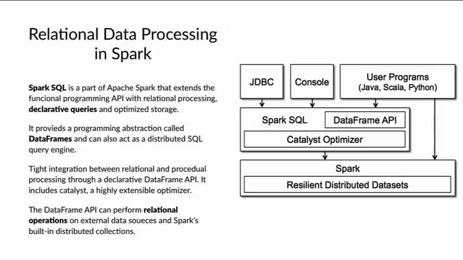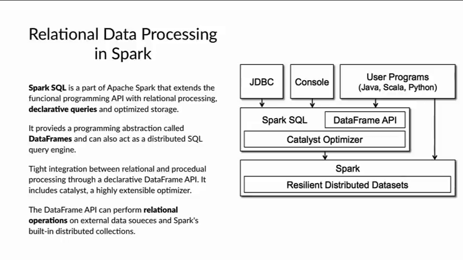There's a tight integration between relational and procedural processing through the declarative DataFrame API. You can always mix the RDDs with the data frames and take the computation style you like most, or the computation style that fits best to your problem.